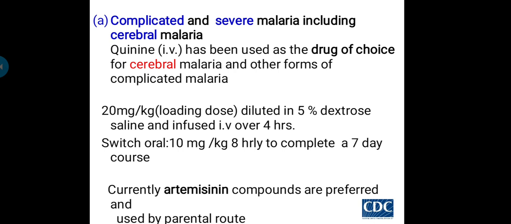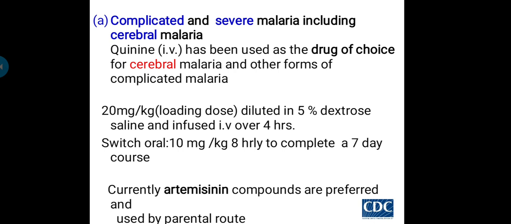So today I stop here, and I shall answer a few questions which we have discussed in this class. Number 1, uses of primaquine.